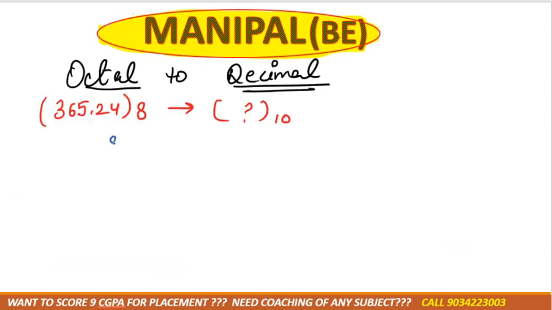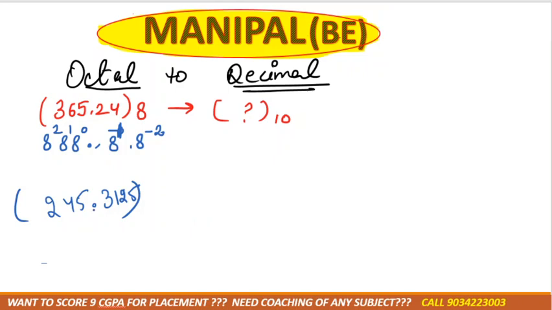Now it's octal, so before the point it would be 8 raised to power 0, 8 raised to power 1, 8 raised to power 2. After the point this would be 8 raised to power minus 1 and 8 raised to power minus 2. Correct? Now solve it and then tell me the value. After solving it, we'll get 245.3125.